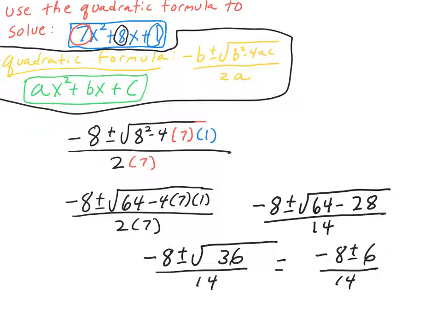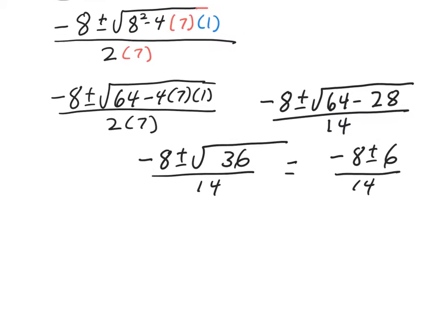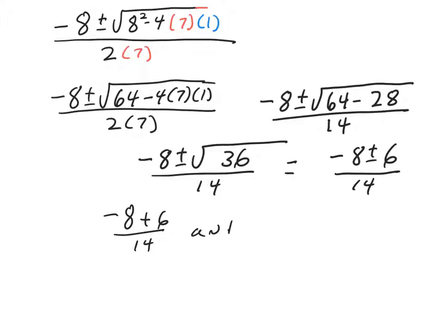And here's where I split it into two problems. So we'll get negative 8 plus 6 over 14 and negative 8 minus 6 over 14.